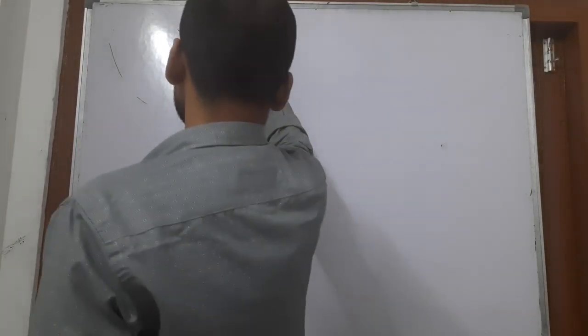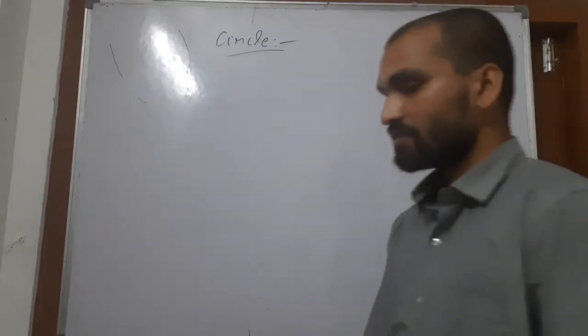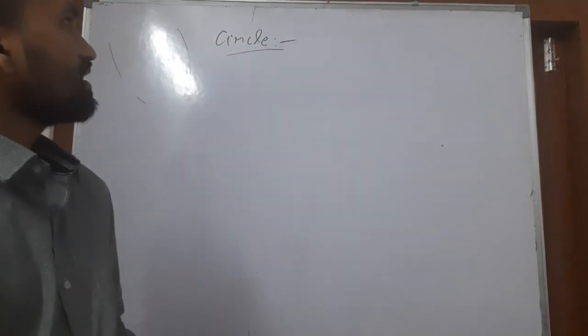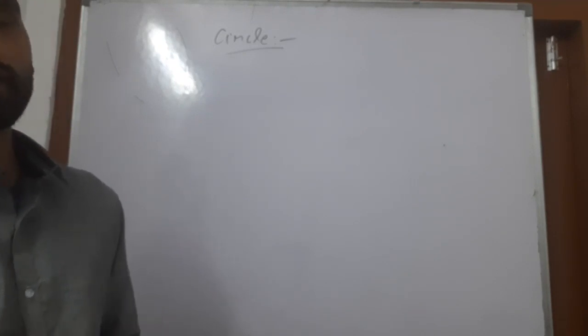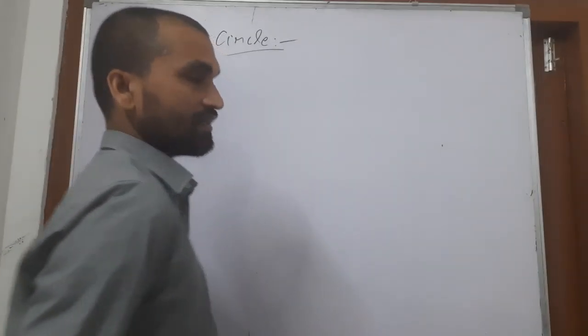Now we should discuss circle. So what is circle? Circle is some figure in which there is a fixed point and there is a variable point, and the distance between the fixed point and the variable point is always constant.